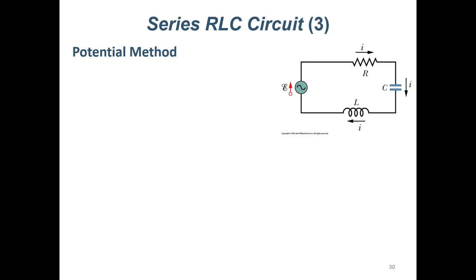So similarly, we have Em cosine omega d t equals VR plus VL plus VC.